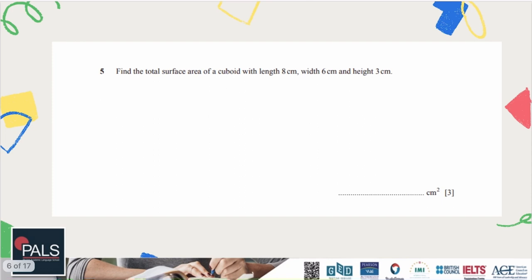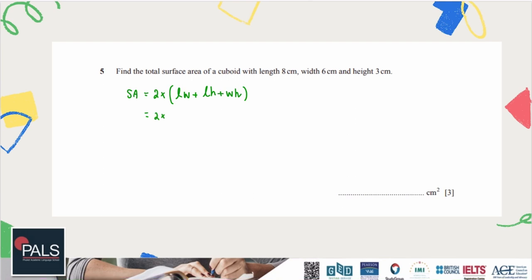Number 5. Find the total surface area of the cuboid with length 8 cm, width 6 cm, and height 3 cm. The surface area of the cuboid is 2 times, length times width, plus length times height, plus width times height.